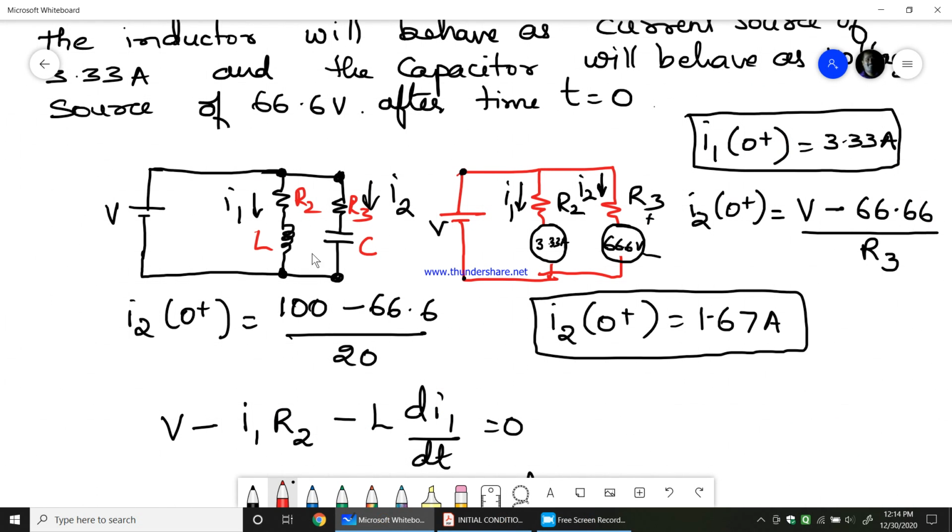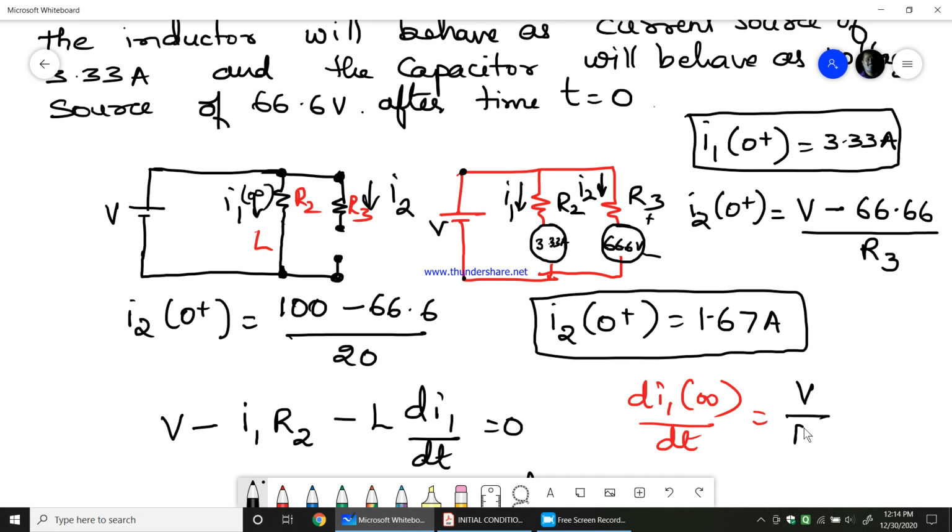Now to find dI1 of infinity by dt, for the same circuit, after t equals 0 plus, the inductor will behave as short and the capacitor will behave as open when you take infinite time. Therefore this becomes short and this becomes open. Therefore the current I1 for infinite time would be equal to the total voltage V divided by R2.